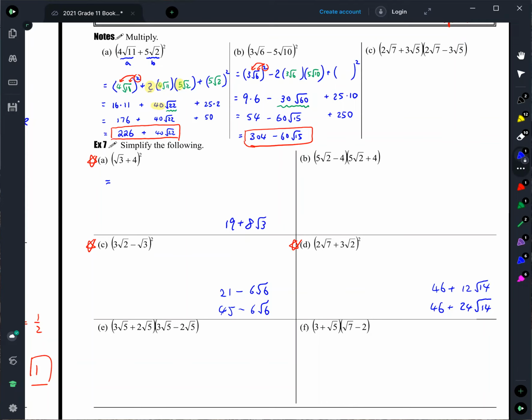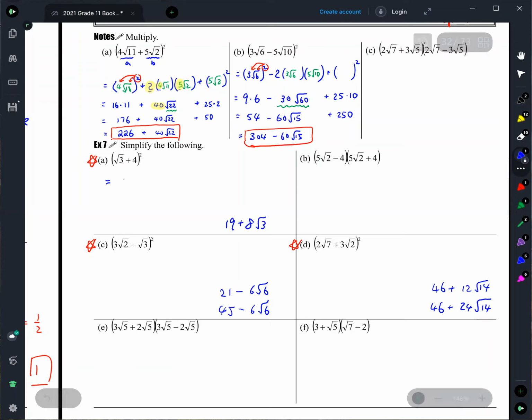I got the same as Wilson. So which one? Top one or bottom one? The bottom one, I think. So 45 minus 6 root 6. Yes. Okay, what about D? The bottom one. Also the bottom one? Yeah. Okay, so let's go over the steps for A first.